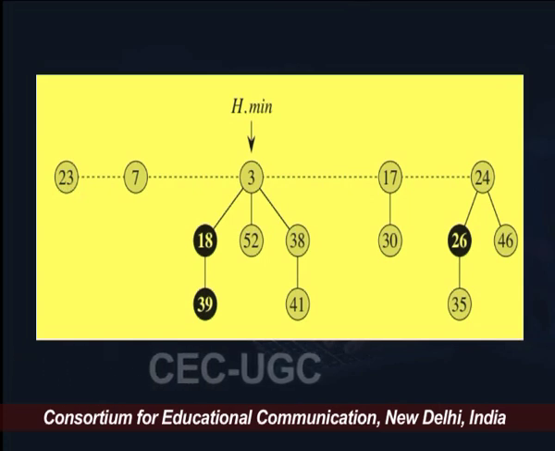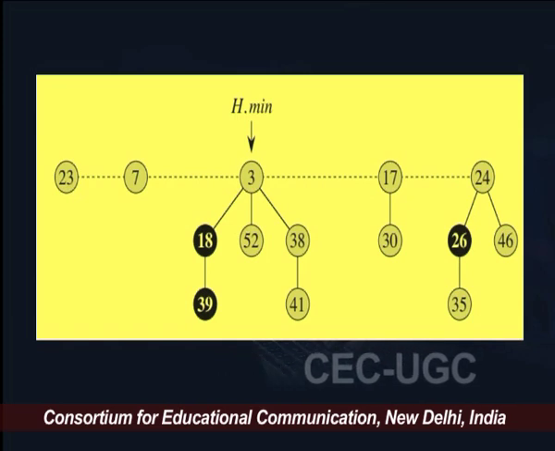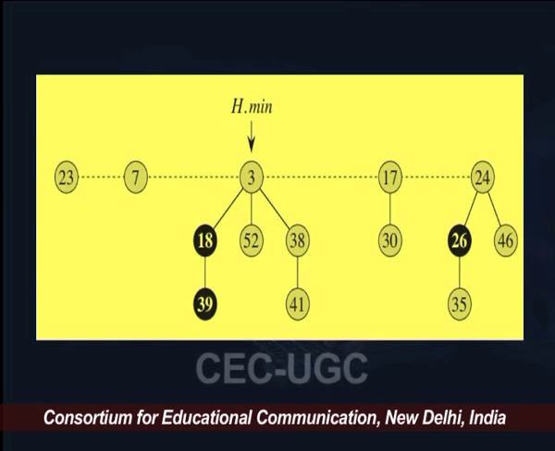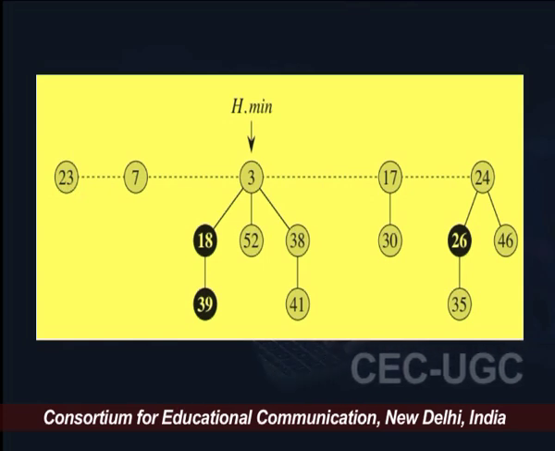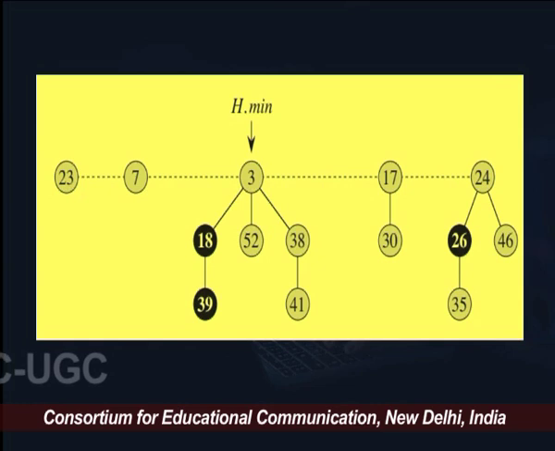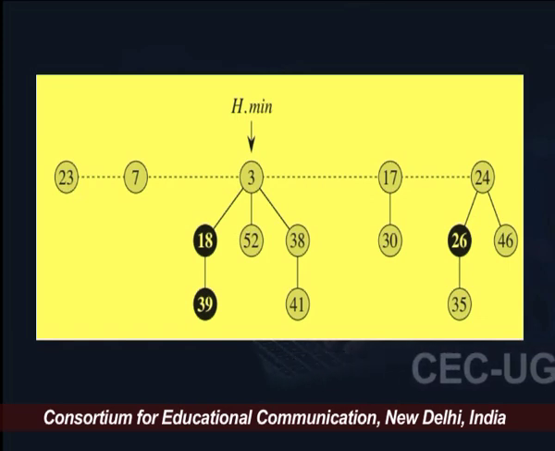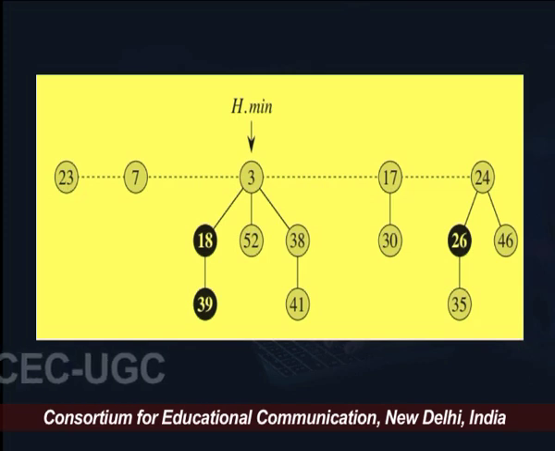That is why I have told you that this is not a binary tree, because here the number of children for the element 3 is 3. One is 18, another one is 52, then we have 38, and 18 has 39 as its child, while 38 has 41 as its child. So that way it is satisfying the min heap property.